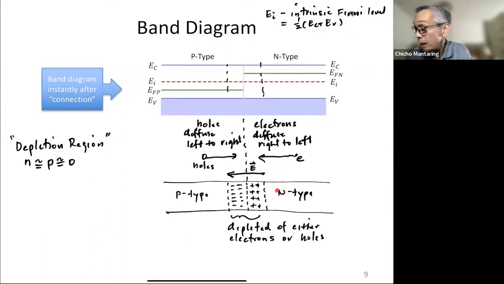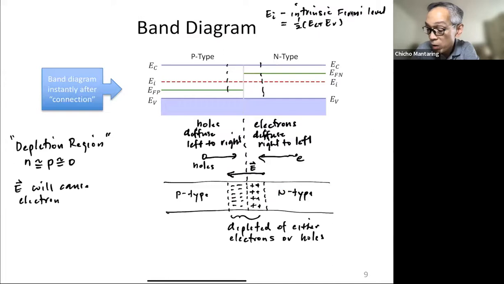And you will have holes on the n-type, intrinsic holes, that will go toward the left. Okay, so the electric field will cause electrons to drift right and holes to drift left.